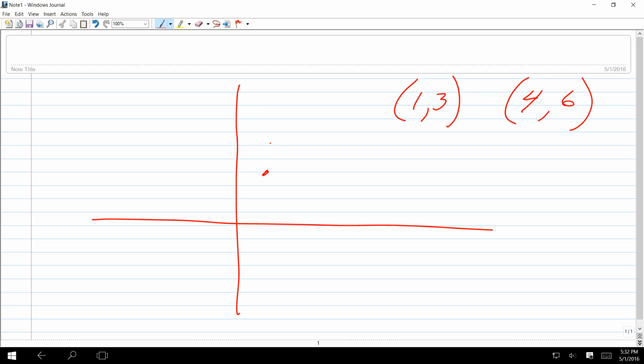Okay, I'm back. Let's talk about the distance formula. The distance between 2 points. I'm going to make one of the points (1, 3) and the other point (4, 6).